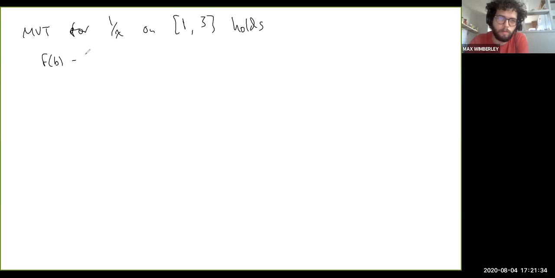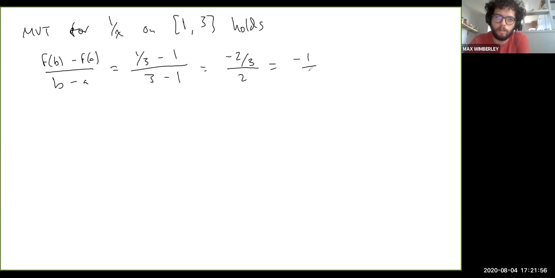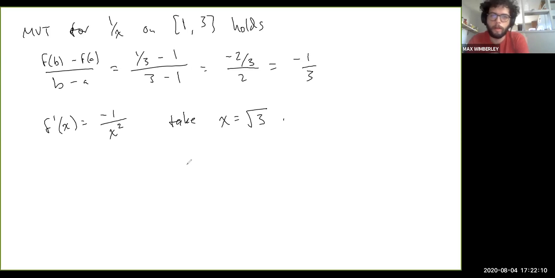So in this case, f of b minus f of a over b minus a is 1/3 minus 1 over 3 minus 1, which is negative 2/3 over 2. So this is negative 1/3. And f prime of x is negative 1 over x squared. So take x equals square root of 3. And that should do it.